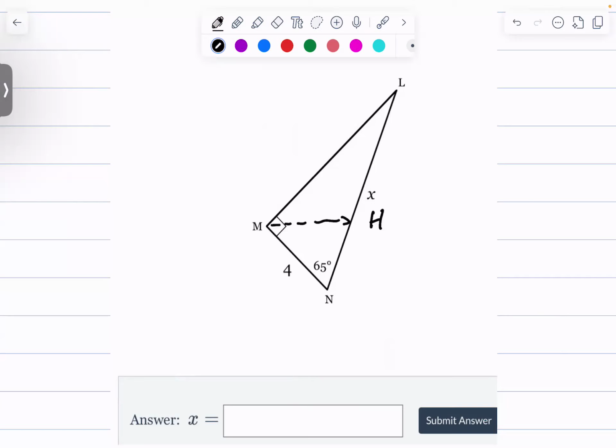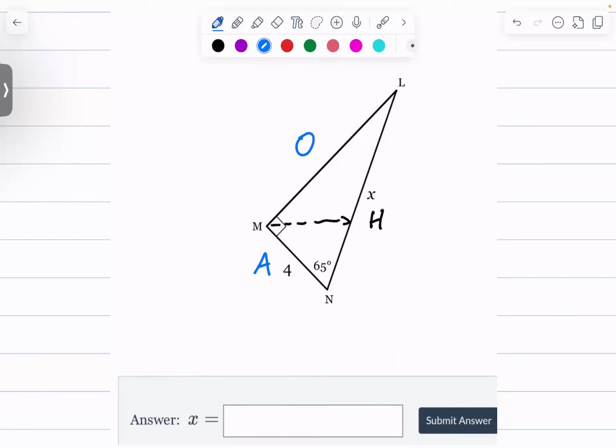Since I have that 65 degrees, I'm going to use it. Since I have N at 65, opposite that is my opposite side, and this is my adjacent side then. That's how I'm going to label.